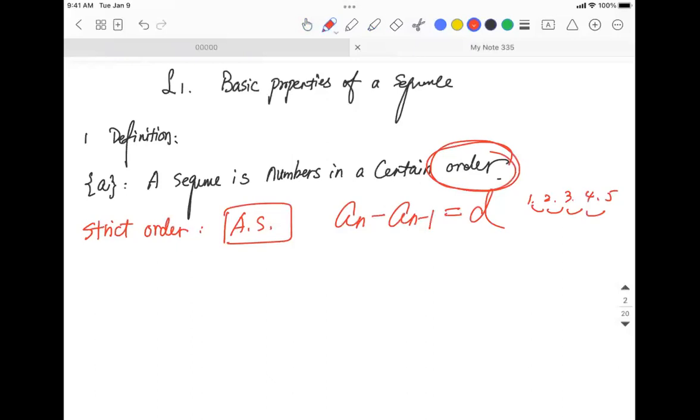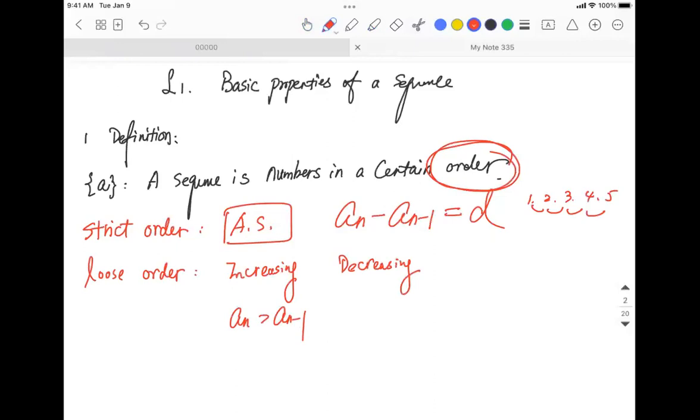Well, on the other hand, the sequence does not need to have every single term follow a very strict order. The order can be very loose as well. Let's say I define a sequence which is an increasing sequence or decreasing sequence. It means as long as an is greater than an-1, this is an increasing sequence, right?